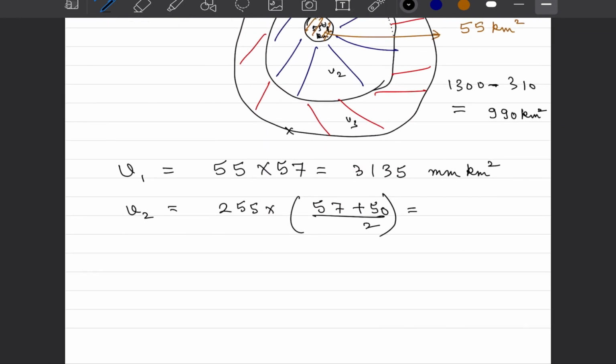So this comes out to be approximately 13642.5, and we can round it off to the nearest integer and say it is 13643 square kilometer mm.